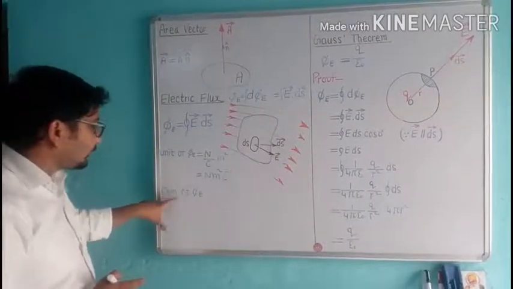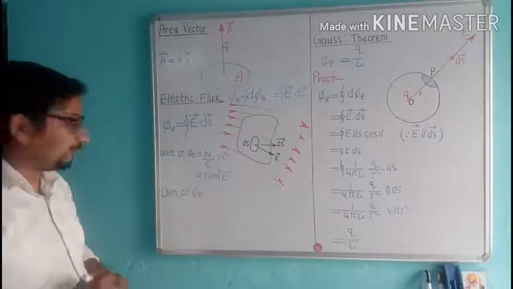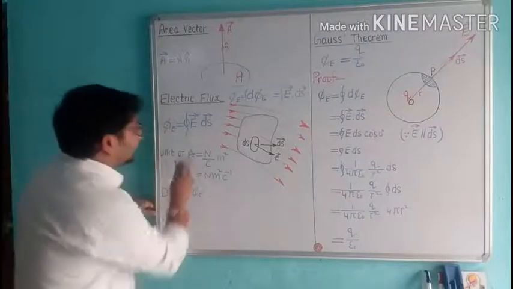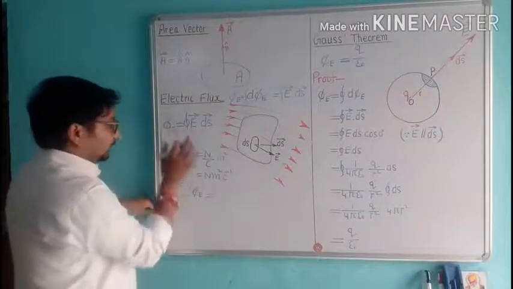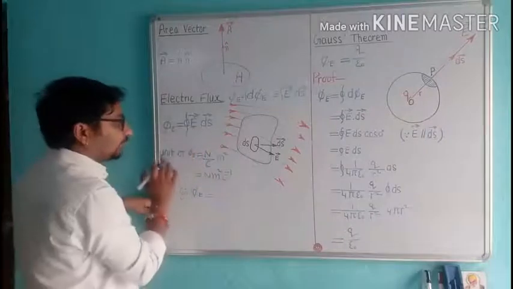If we talk about the dimension of phi e, electric flux, we use the formula phi e is equal to E dot ds.